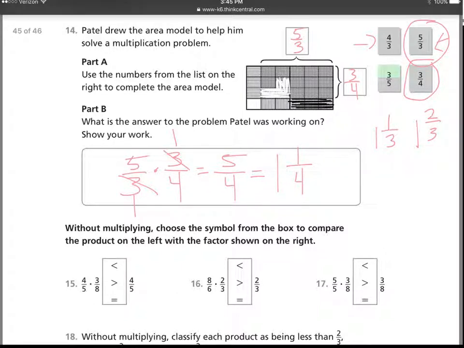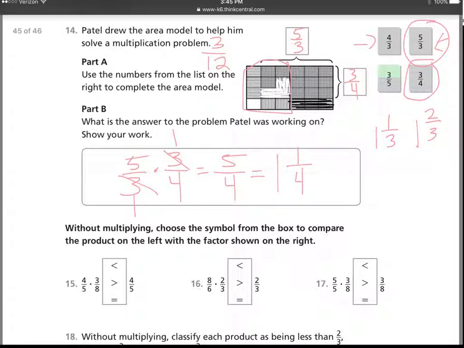And now I can take a look at what's left over here, and I see that I have 1, 2, 3 shaded left, double shaded still. 3 are left out of a total of, how many does it take to fill up this whole square? There's 3, 6, 9, 12, so out of a total of 12. So 3 are left out of 12.